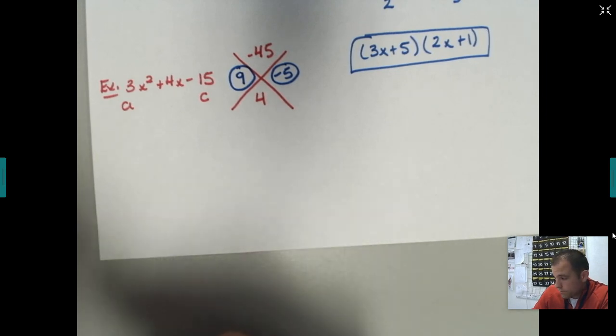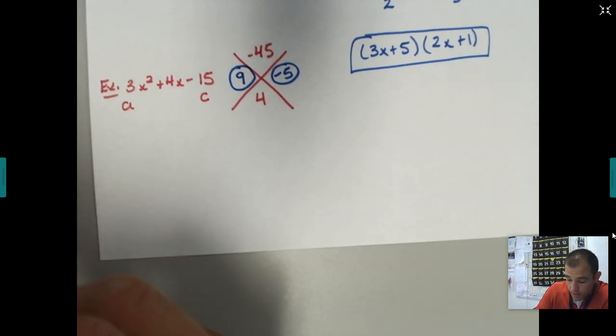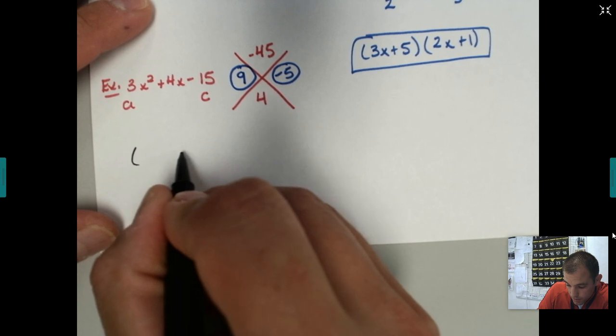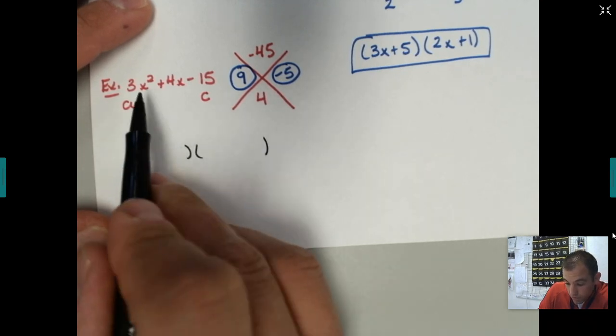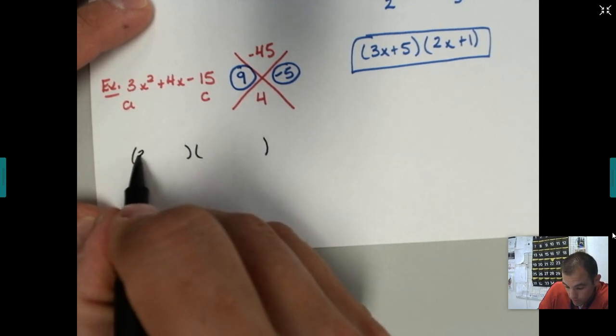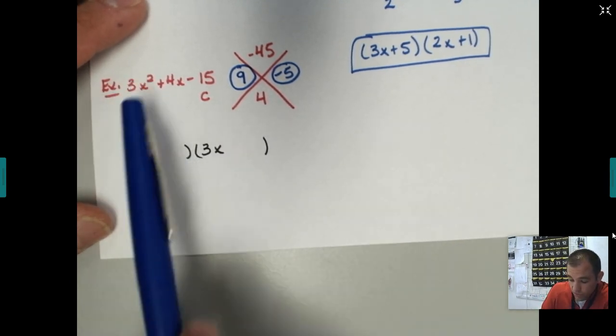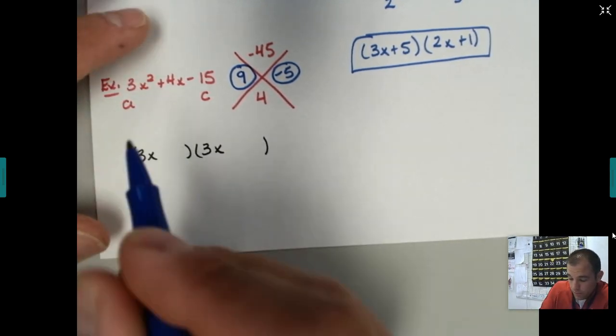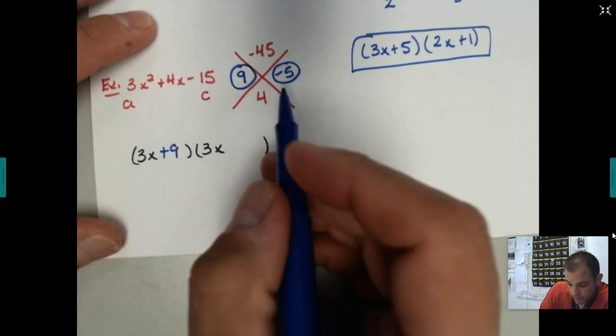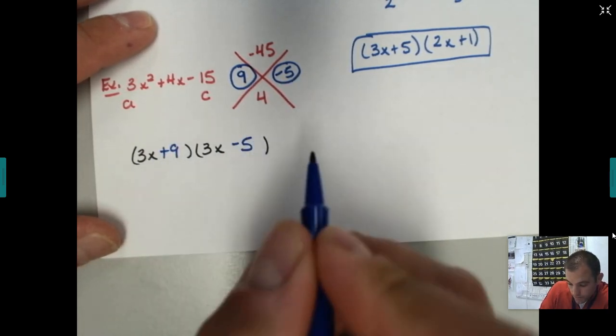Okay, so now we take that problem, split it up, just like before. 3x squared came first, so I put 3x and 3x. Right? I don't even have to think about it. Whatever's first, I put first. Then I plug in my numbers, plus 9, minus 5.